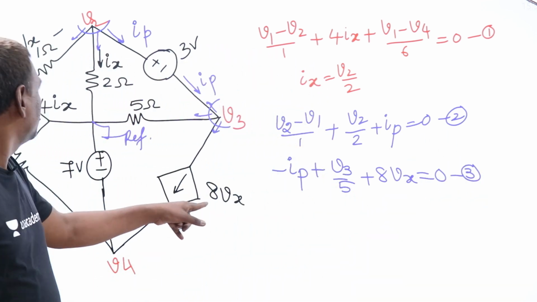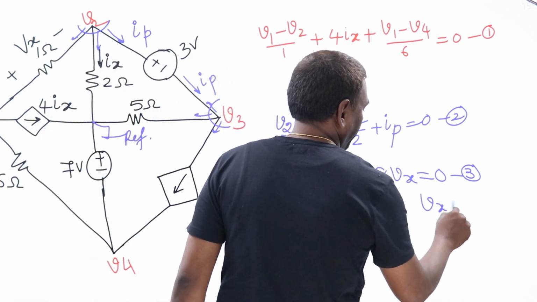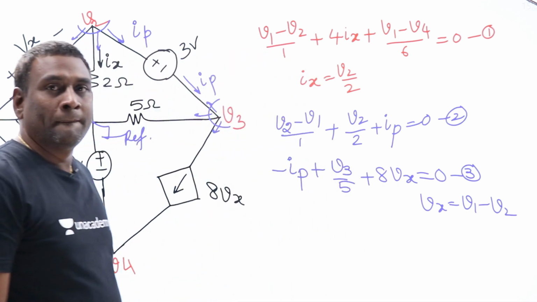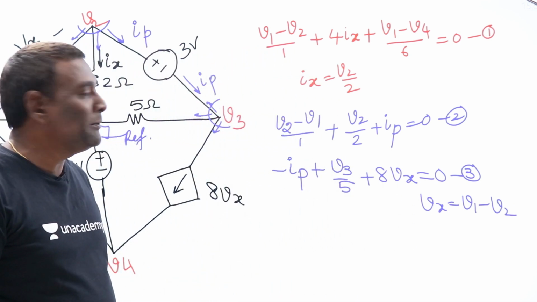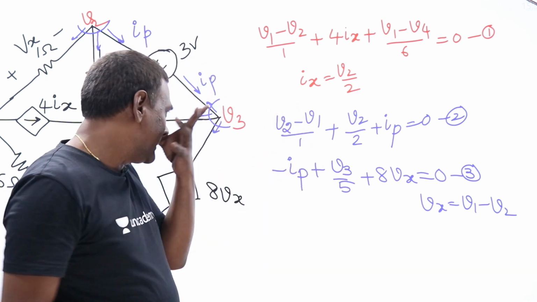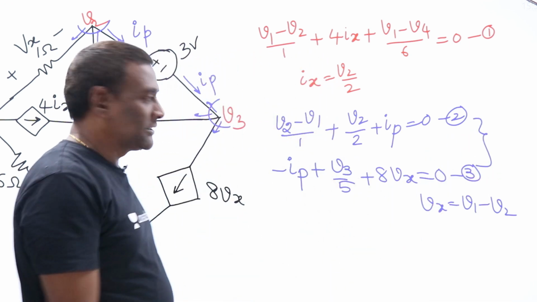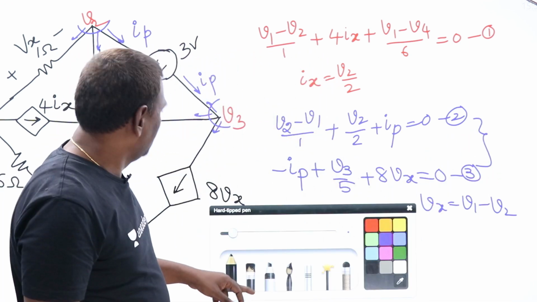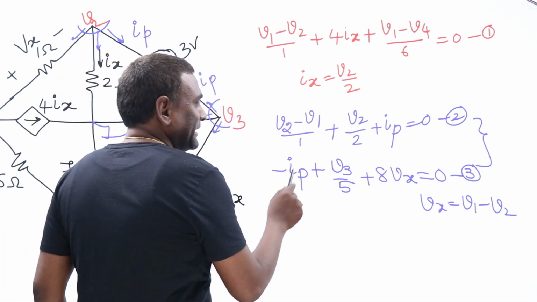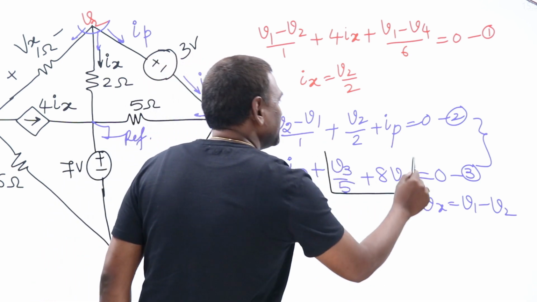Now what is Vx? Already we know, V1 minus V2. Now I can eliminate IP by combining 2 and 3. Let me combine 2 and 3 and form only one equation. See here, if I send it to the other side, the IP value is going to be this much only.